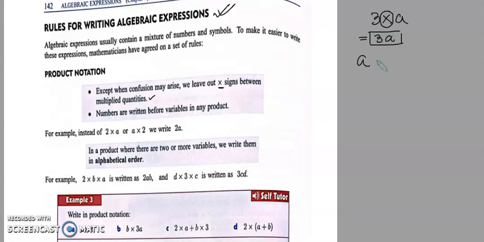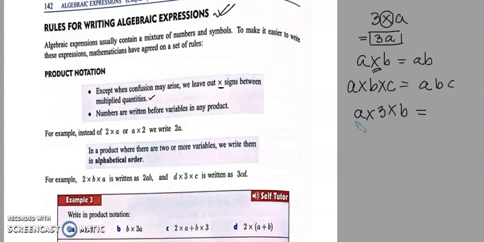If you have to write a times b, we don't give this sign. We simply write ab. If you have to write a times b times c, we write it as abc. Next is, if it is a times 3 times b, then it is mixed, numbers and letters all mixed.